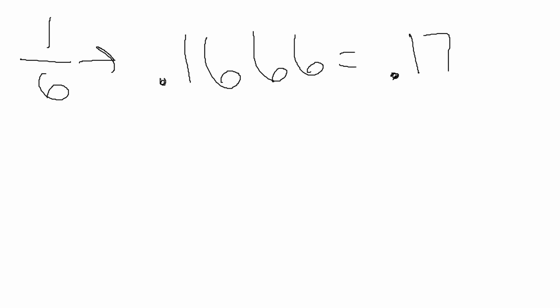It's technically 0.1666666 for all of eternity. What I want you to do is just round it. So 0.16666 forever can be rounded to 0.17. The typical rule in algebra or in mathematics is to round to 2 places. From there, I'm going to move my decimal 2 places, and I get 17%.